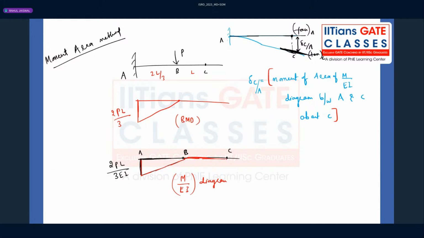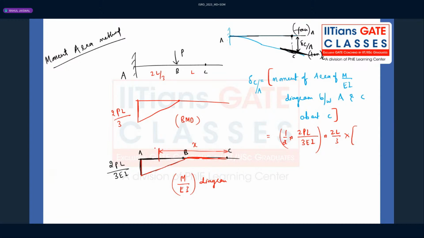Because there is no area on the other part, that will be 0. The only area will be half of base into height, 2PL divided by 3EI into 2L by 3. And take the moment of that area from the point C where you have to calculate the deflection. That is the statement, into X.